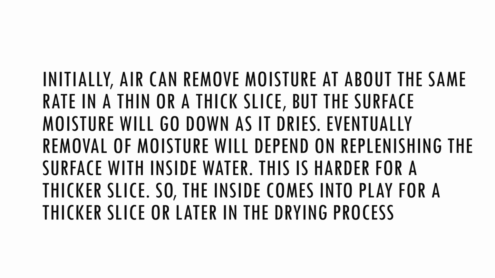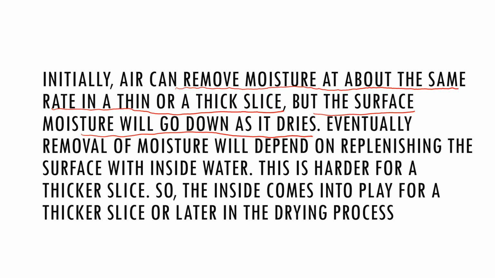So the answer goes like this. Initially, air can remove moisture at about the same rate in a thin or thick slice, because it's just a question of how fast you can evaporate from the surface. But the surface moisture will go down as it dries.